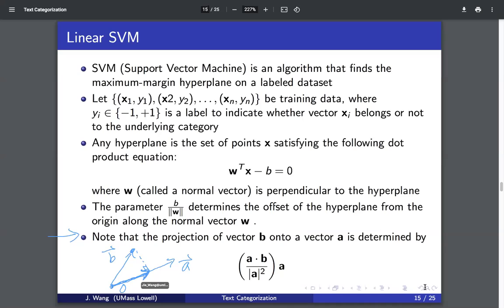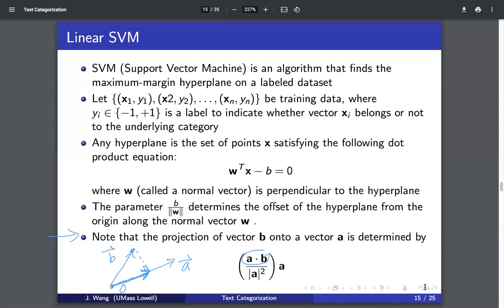So obviously, if you have an angle here, then it is a cosine similarity. Cosine similarity is really just a dot product. So A dot product B, and then normalize it.